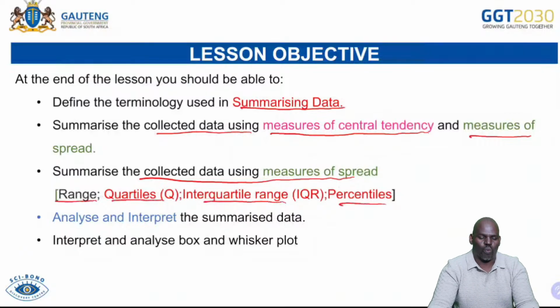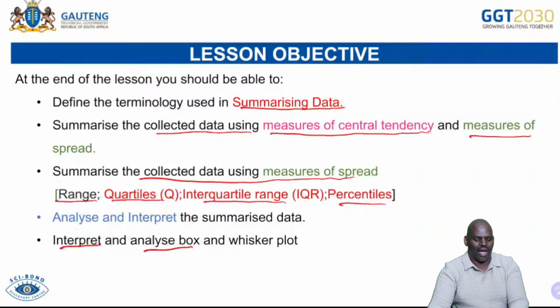And then again, we must also be able to analyze and interpret the summarized data. Once we have summarized the data, we must be able to explain what that summary means to us. And then we must be able to interpret and analyze a box and whisker plot or box and whisker diagram, as some of you will say it.